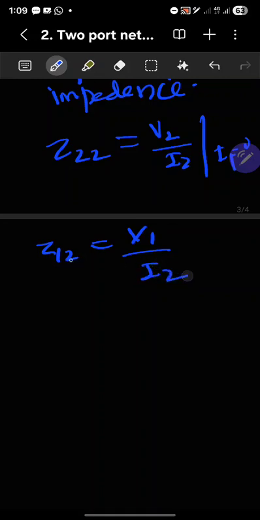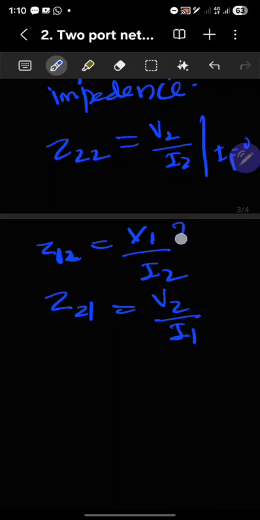We can see the order: the first one is in the numerator and the second one is in the denominator, so it is easy to remember. Similarly, Z21 is equal to V2 divided by I1. It will always be a ratio of voltage to current, so it's easy to remember all these expressions and the conditions to get them.